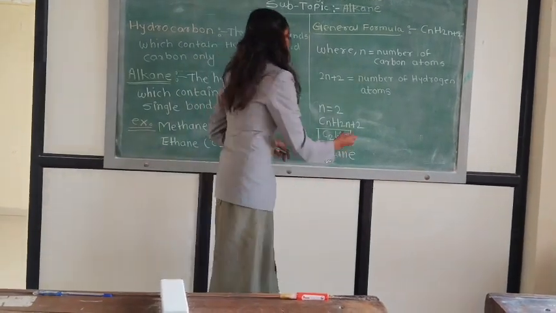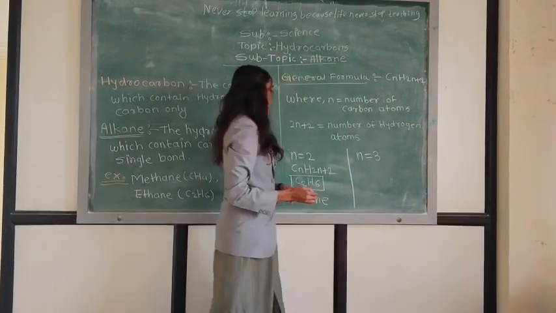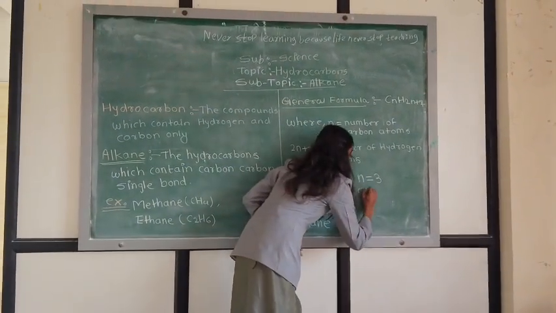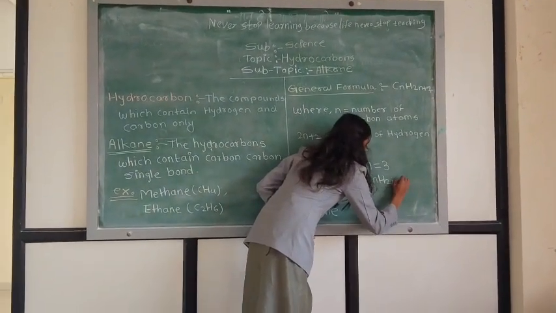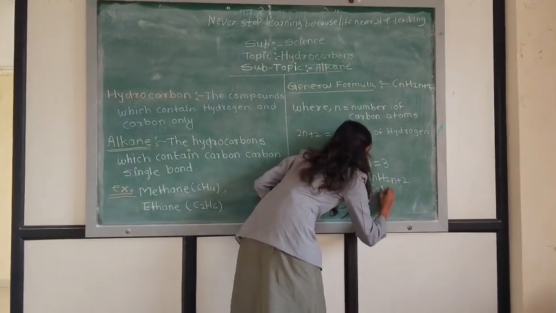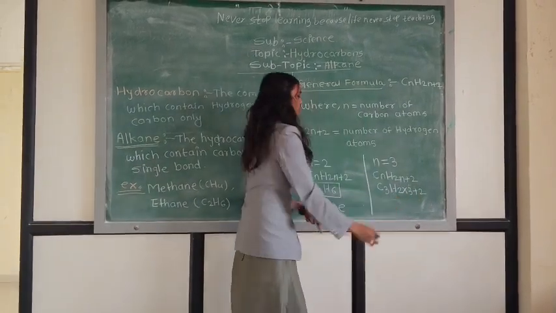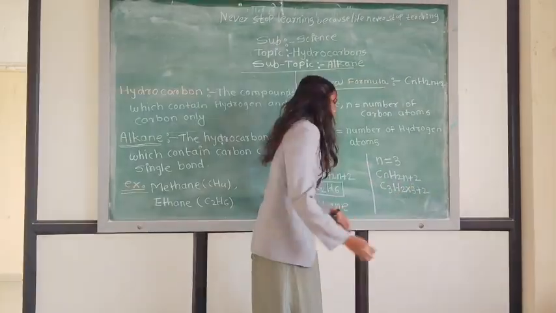Again, if we take the value of n is equal to 3, then what will it become? CnH2n+2, so C3 and H, 2 into 3 plus 2, 3 twos are 6 plus 2, 8.